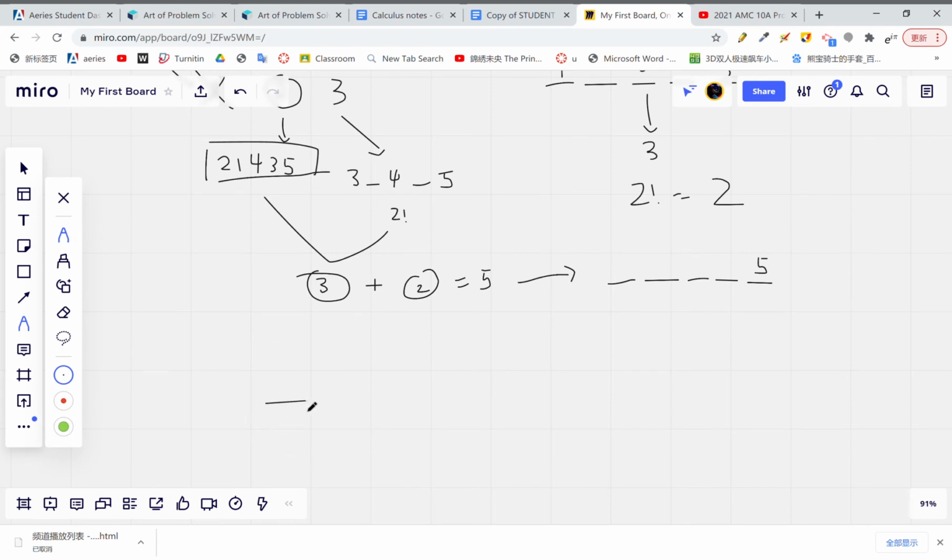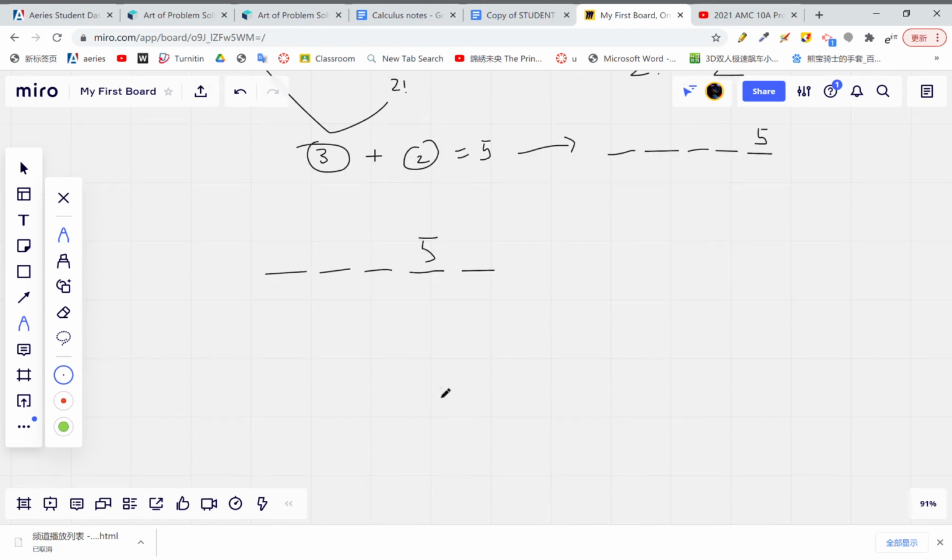And the third case is when 5 is in the fourth one. Then we can have any number in the last one, so there will be 4 choices: 1, 2, 3, or 4. But we have to realize that whichever number you put there, the first digit is guaranteed to be the largest of the remaining 4, and the second digit is guaranteed to be the largest of the remaining 3.